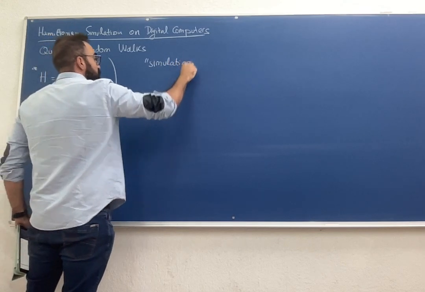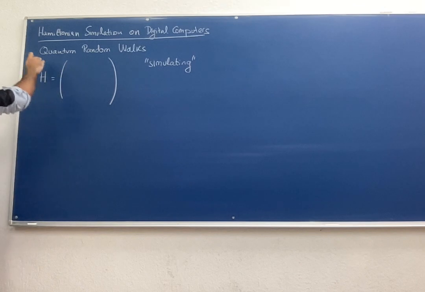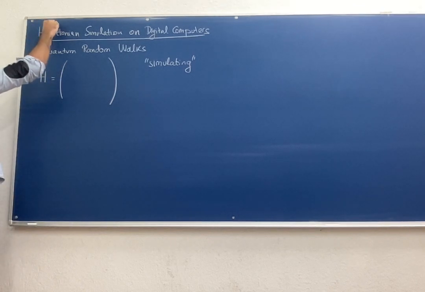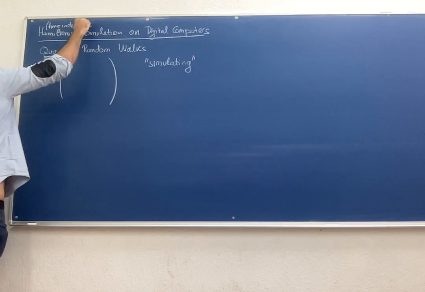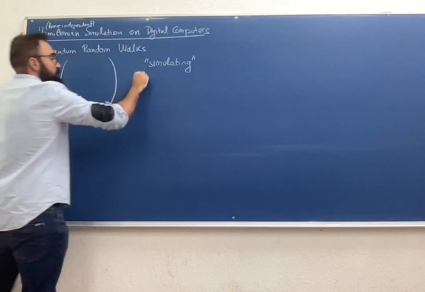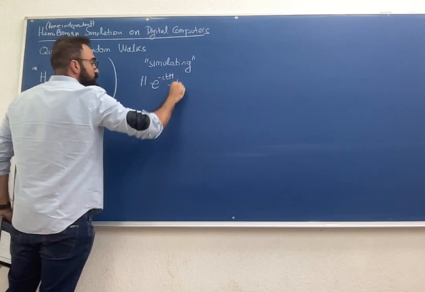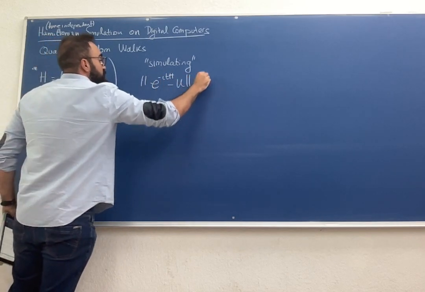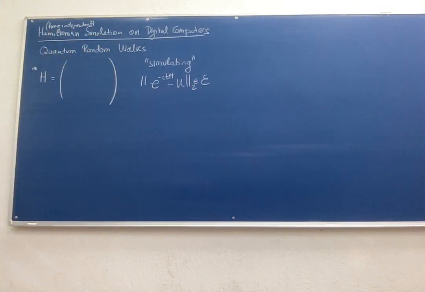Basically simulating a Hamiltonian, which so far we are going to suppose is time independent, is going to be to approximate the time evolution with a unitary, such that the error with respect to a certain norm, let's say norm 2, is minor.